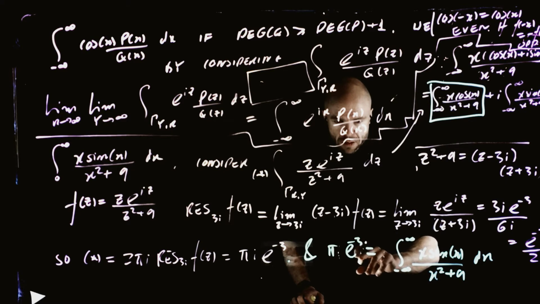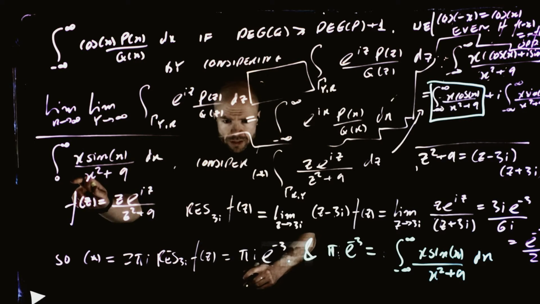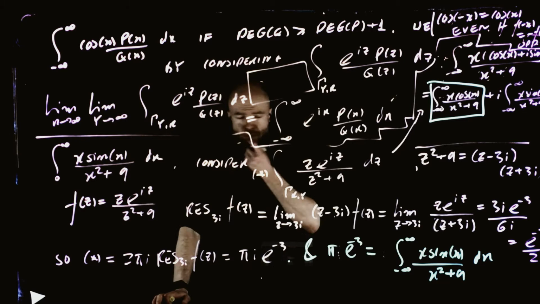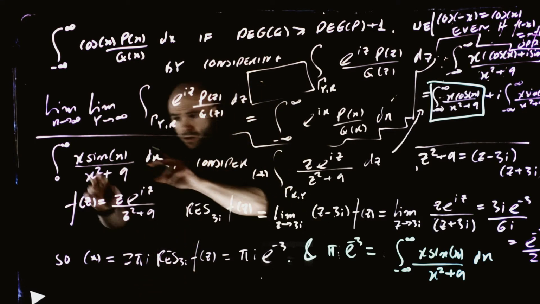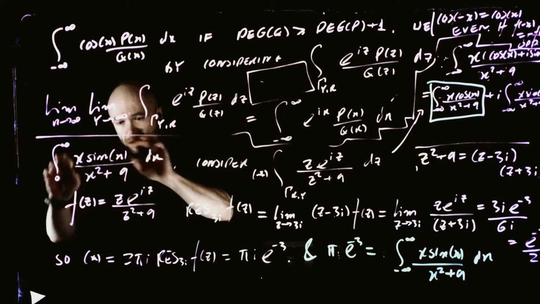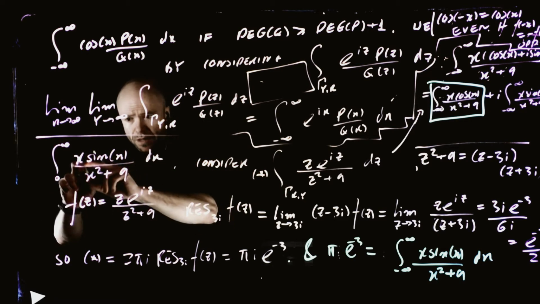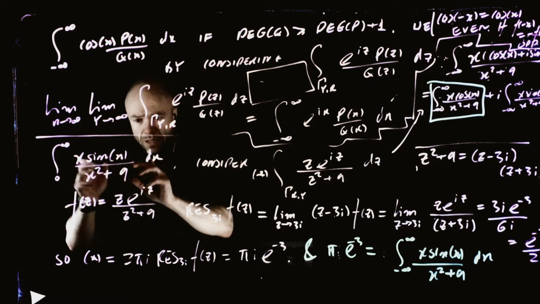Which isn't quite what we're looking for, because the original problem was this guy, and this is not quite the same. Obviously this is from 0 to infinity, but this entire function is an even function, because x is odd, sine is odd, so the product of two odd functions is even.